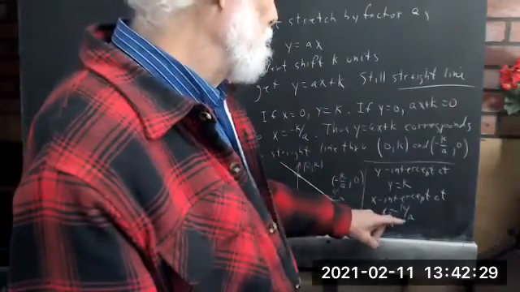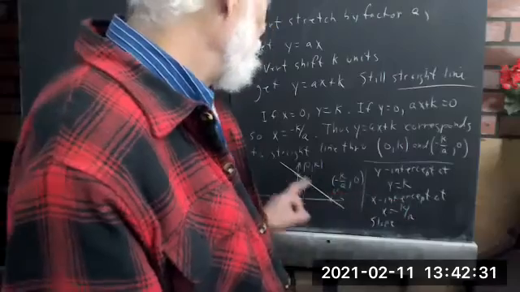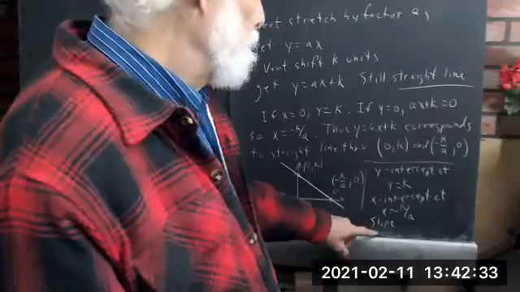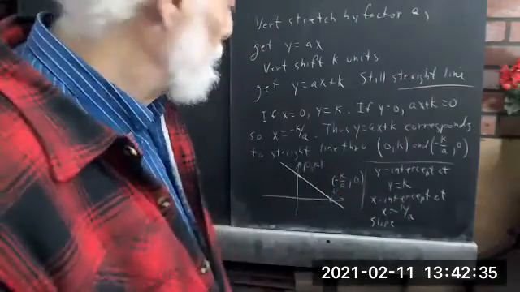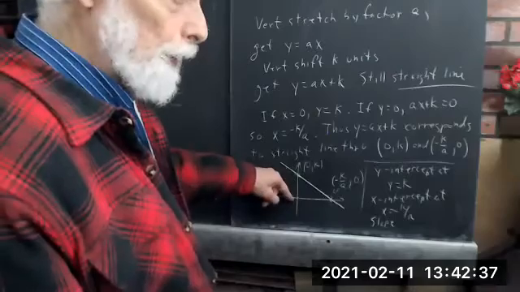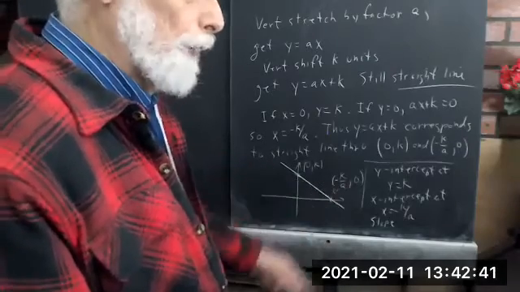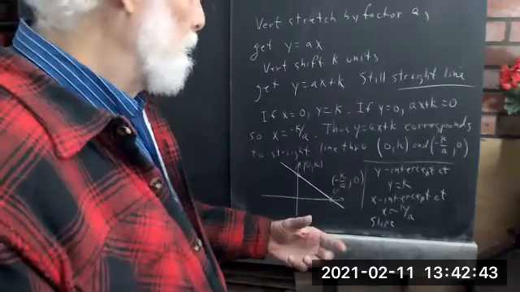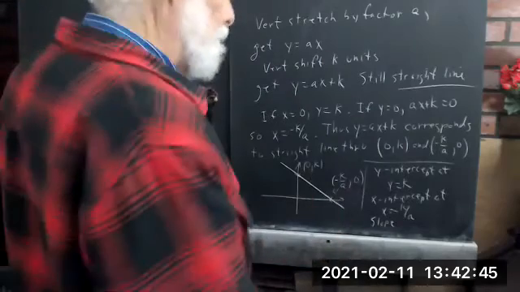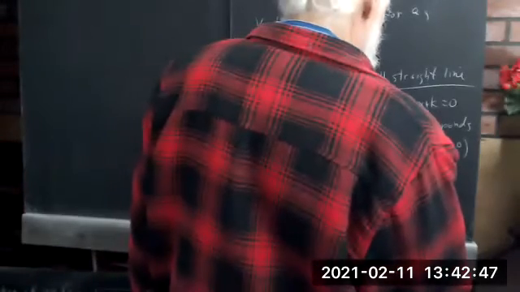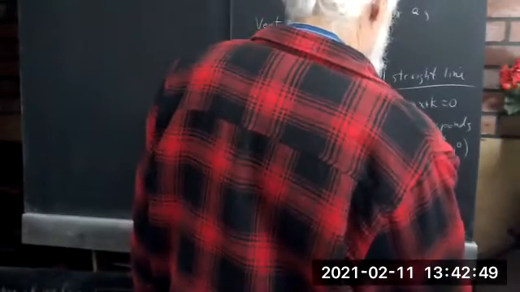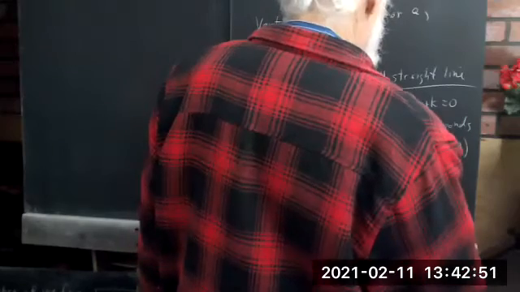The x-intercept occurs for x equals negative k over a, just as I've drawn it. And the slope is the rise over the run. The rise is negative k. The run is negative k over a. And if you divide negative k by negative k over a, you get a. In any case, the slope is a.